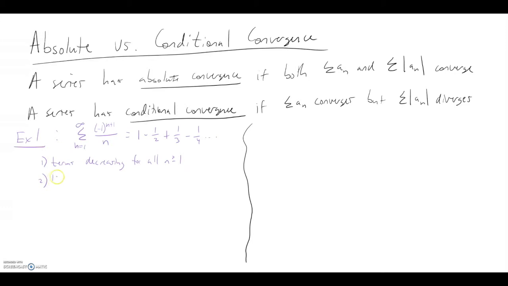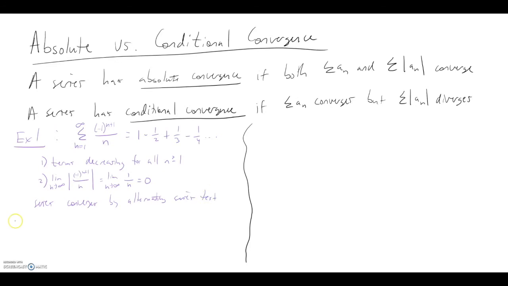And the limit as n approaches infinity for the absolute value of this series, so the absolute value of negative 1 to the n plus 1 over n, will be equal to the limit as n approaches infinity for 1 over n. We can ignore the possibility of having a negative 1, and that limit will equal 0. So this series does converge by that new alternating series test.